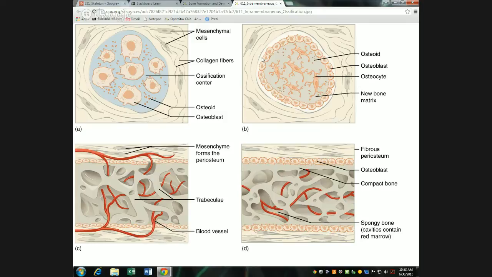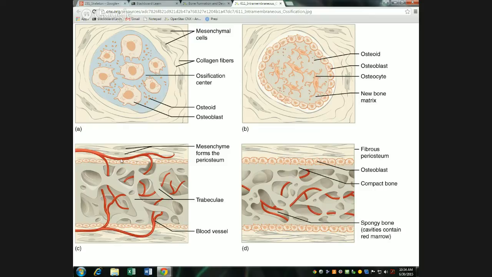Now, this is happening in a very random progression, and so the tissue just ends up taking on a very spongy kind of appearance. Blood vessels will grow into this and work their way through all of the gaps in the spongy tissue.